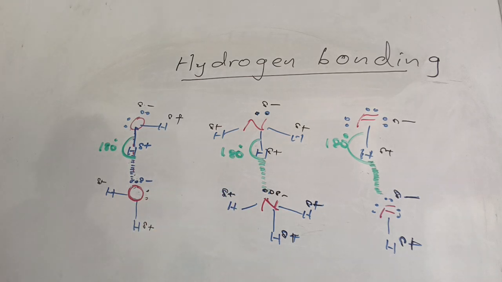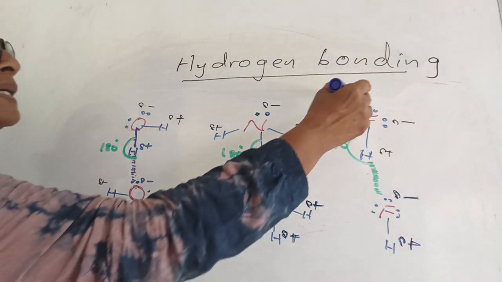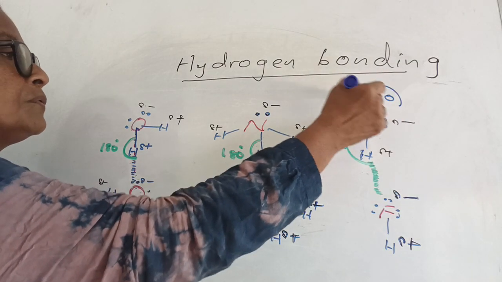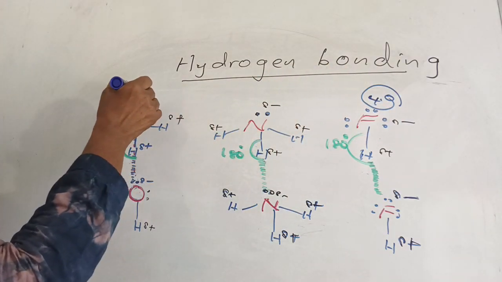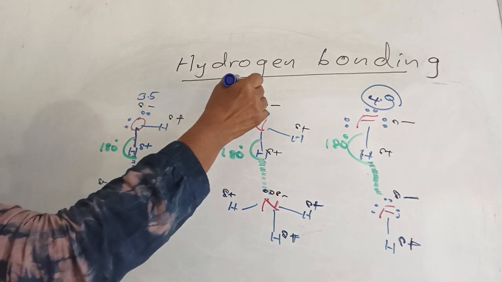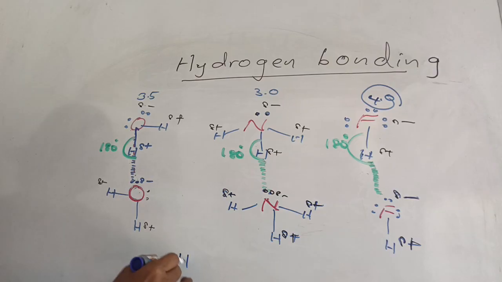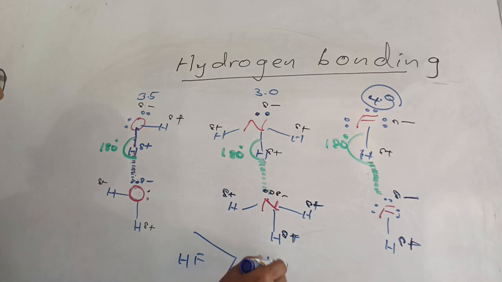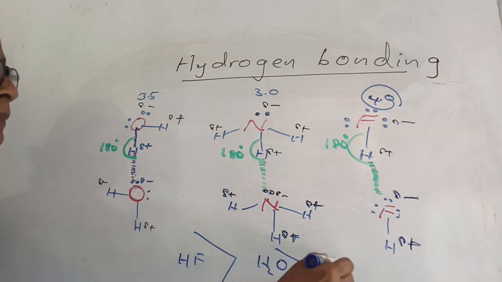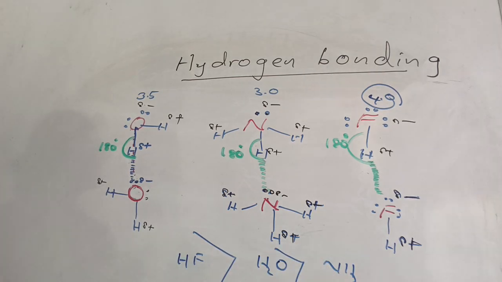Out of these, you can see the highest electronegativity is on fluorine, with oxygen 3.5 and nitrogen 3.0. So the strength of hydrogen bonding is highest with HF, then water, and then ammonia, because the stronger hydrogen bonds are produced between HF molecules.